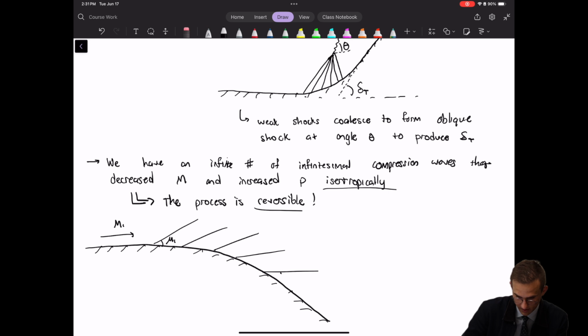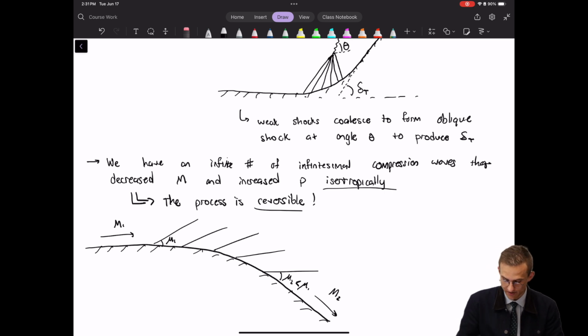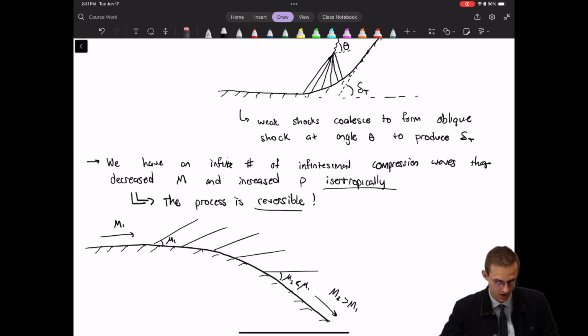And our final angle here, let's say that this is our M2. So then we call this mu2, which is actually less than mu1, strictly, because now we're expanding and therefore speeding up. So M2 is greater than M1 because we're expanding. We're going to lower pressure, and that's why the Mach angle for M2 is going to be smaller, right?